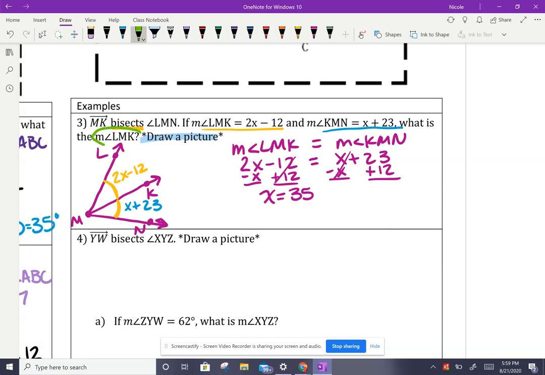It asks me to find the measure of LMK, so I need to plug that x back in. The measure of angle LMK was 2x minus 12, so I plug that 35 in and get 58. So the measure of angle LMK is 58 degrees.